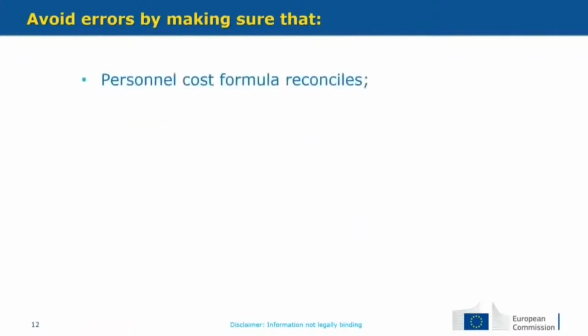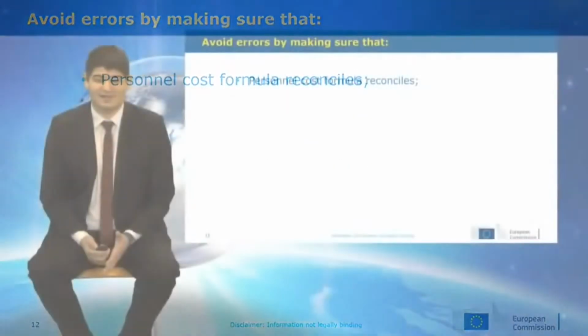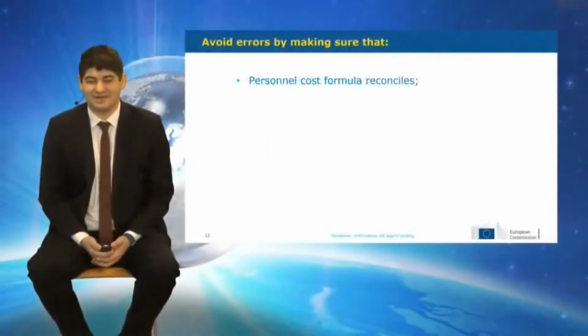Furthermore, the personnel cost formula reconciles, meaning there are no arithmetical errors in the formulas. This still happens, although with IT tools it is less and less the case, but we may still find errors there.